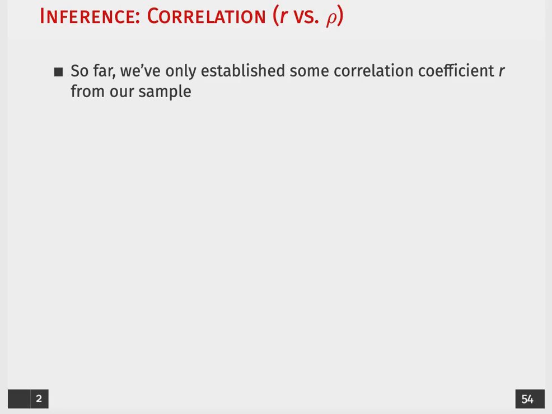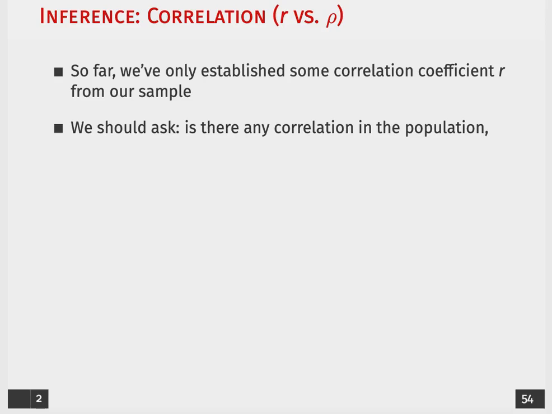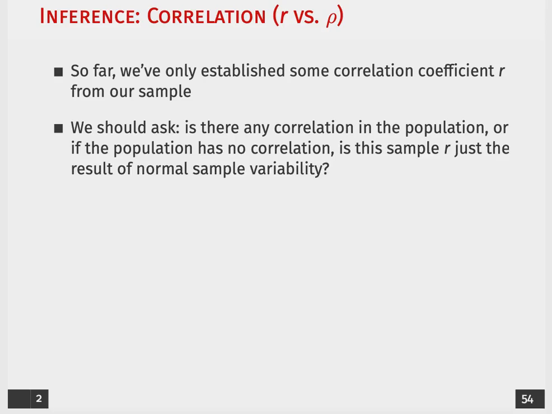And that's what we're going to really be talking about today. We want to not only ask, is there a correlation in the population? We want to also ask, if the population has no correlation, is this sample producing a correlation coefficient that's just going to be the result of some normal sampling variability, right?